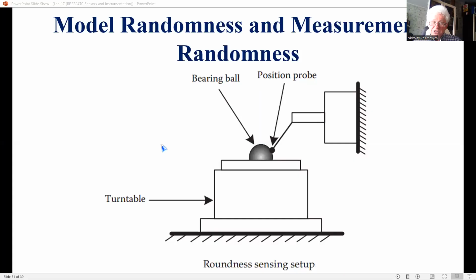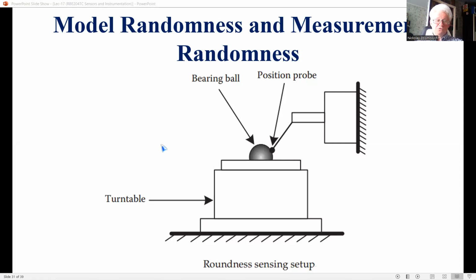Item 1, the manufacturing process of each ball, introduces randomness into the process model itself, and it directly affects the product quality.